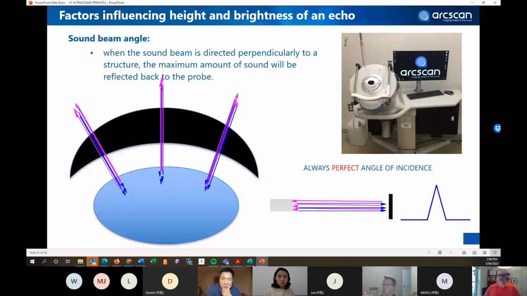You will have different technicians, and all of us, as good as we are, are going to hold the probe a little bit differently. This is a perfect machine. This is like a military parade where everybody marches at the same pace, moving the arms and the legs at the same pace. And this is what we achieve with the Insight: we have synchrony, we have repeatability, and it's control.